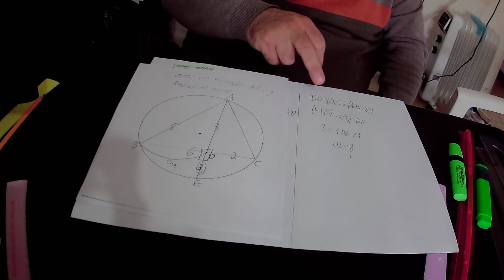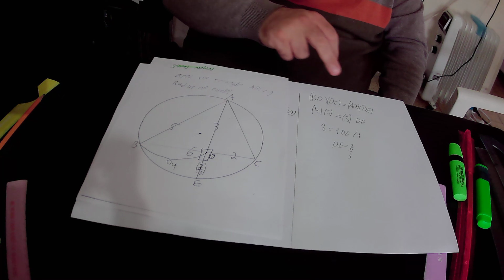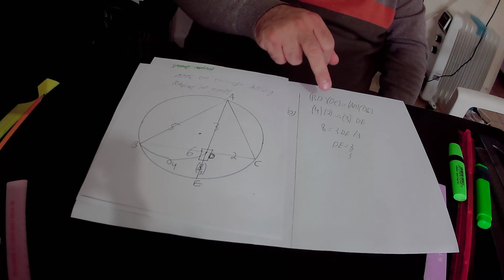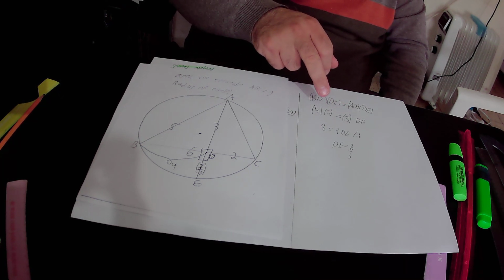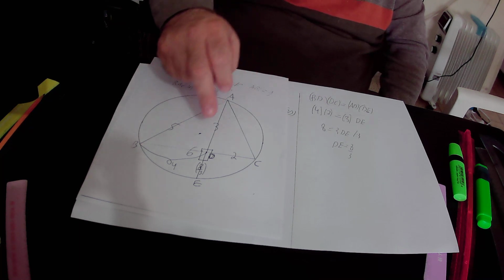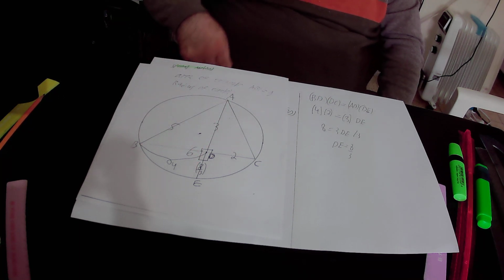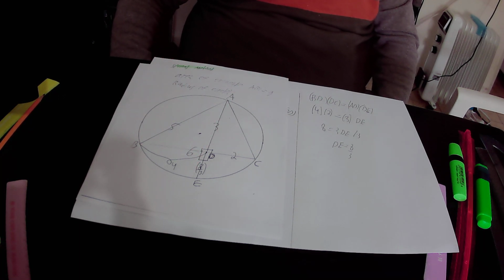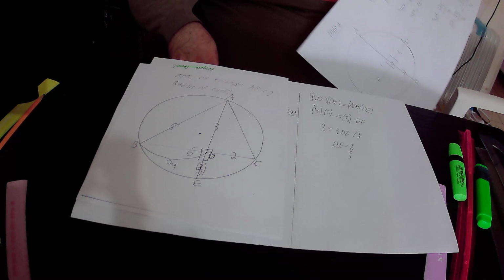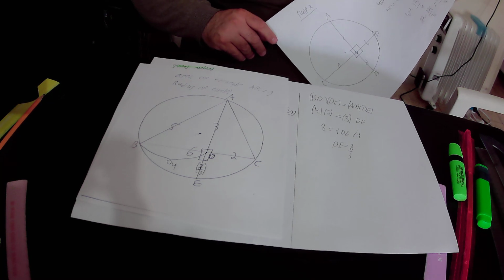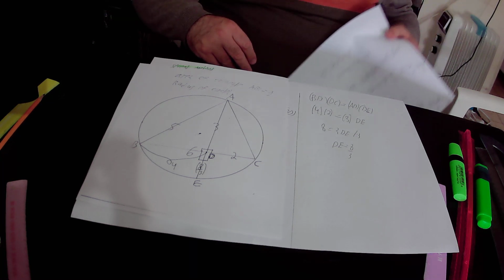So here 4 times 2 equals 3 times DE. 4 times 2 is 8. 8 equals 3 times DE. We divided this equation by 3 and found out that the missing line segment DE equals 8 over 3 units.